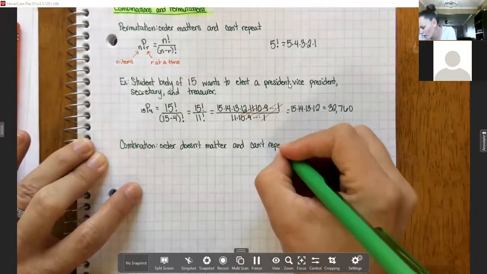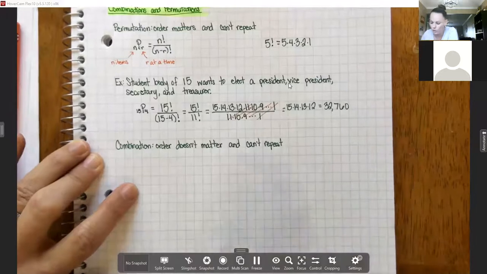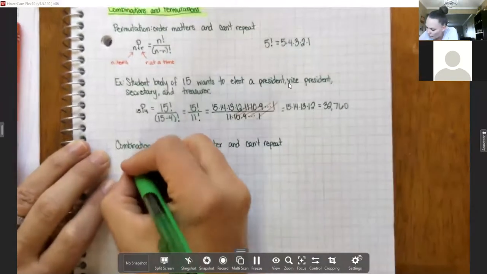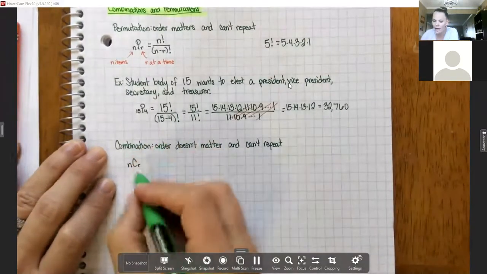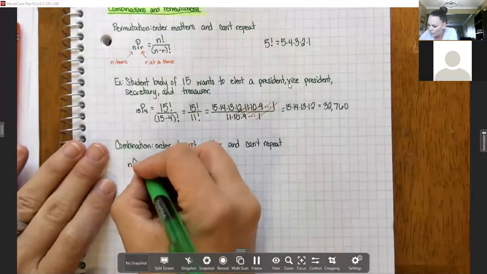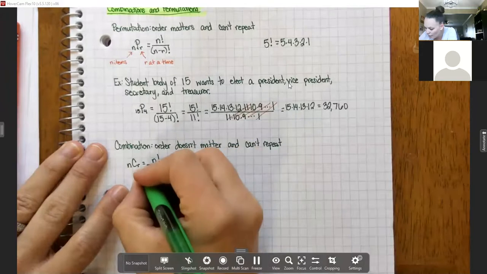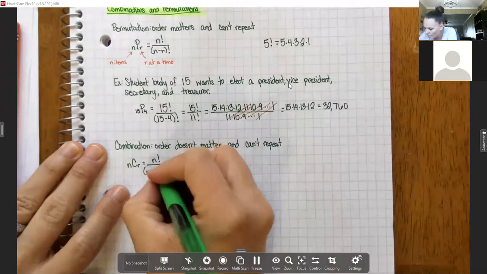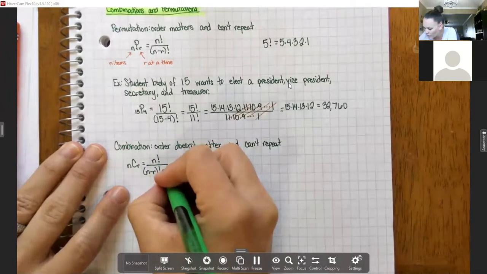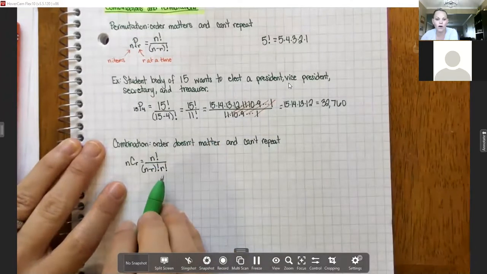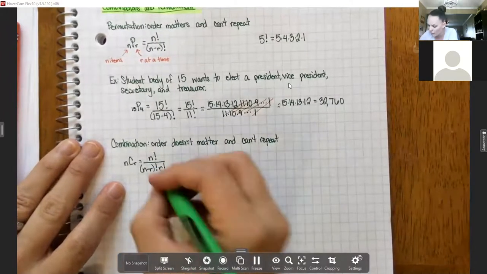So both of these you can't repeat. You can't choose the same thing twice. This is written as nCr, and we read that n choose r. And it's almost the same. It's n factorial divided by n minus r factorial times r factorial. So the denominator has an extra r factorial. That's an r, not an n.